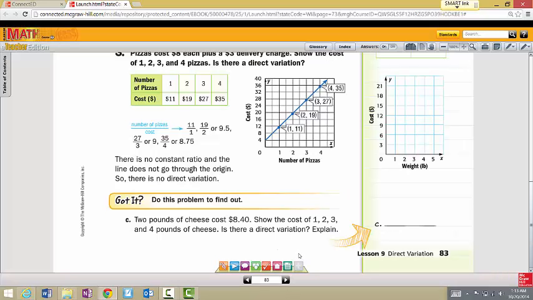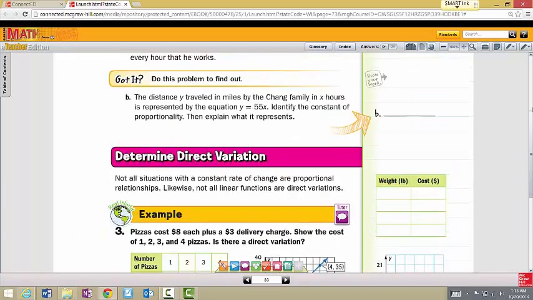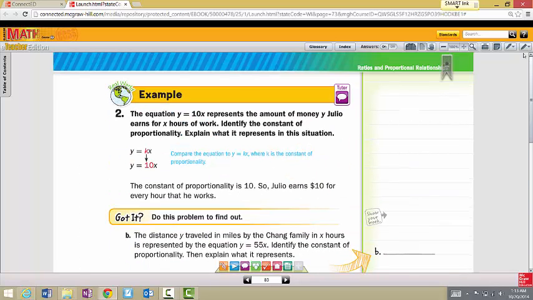If you could turn the page then to page 83. The second type of problem is you're going to be receiving an equation, and then you're going to have to determine what the constant is. Example number 2: the equation y equals 10x represents the amount of money y Julio earns for x hours of work.